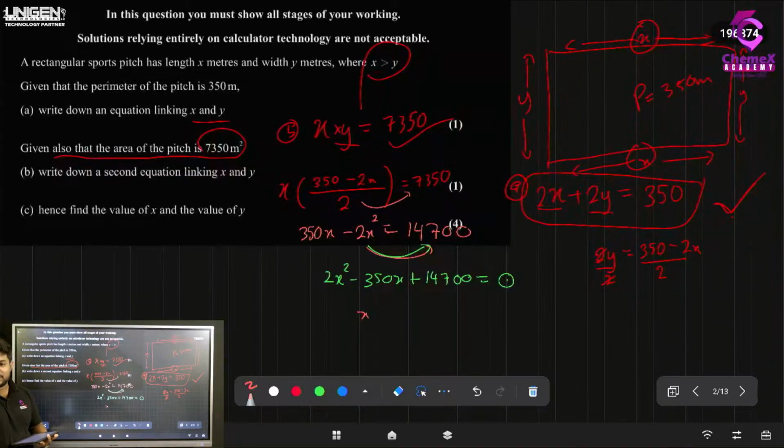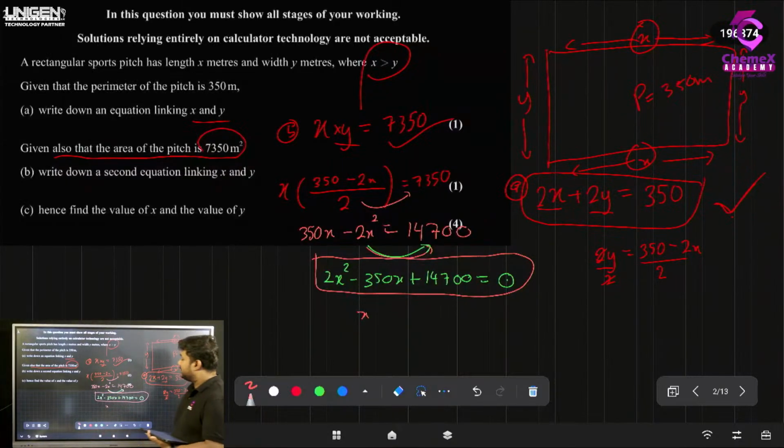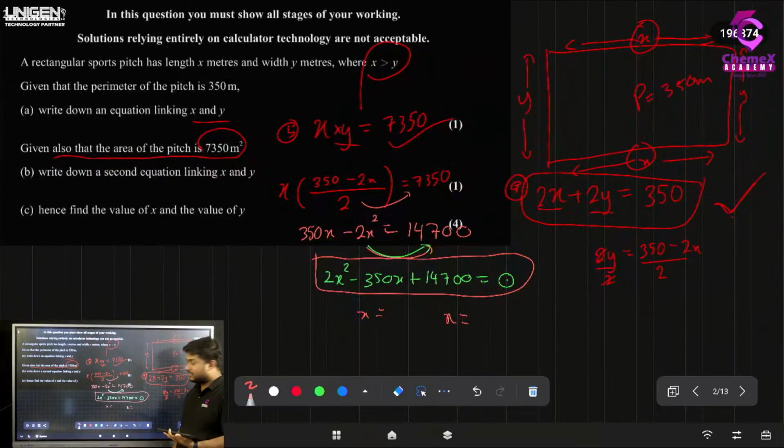You can unmute and talk. You are all muted. When you solve this quadratic, what's the answer you get? x equals what and x equals what? Come on. So x equals 70 and x equals 105, right?